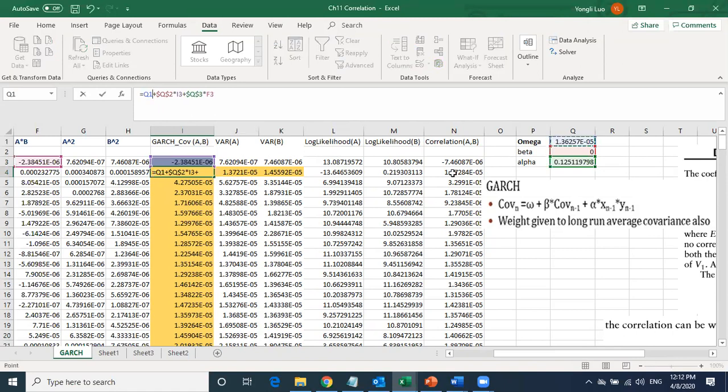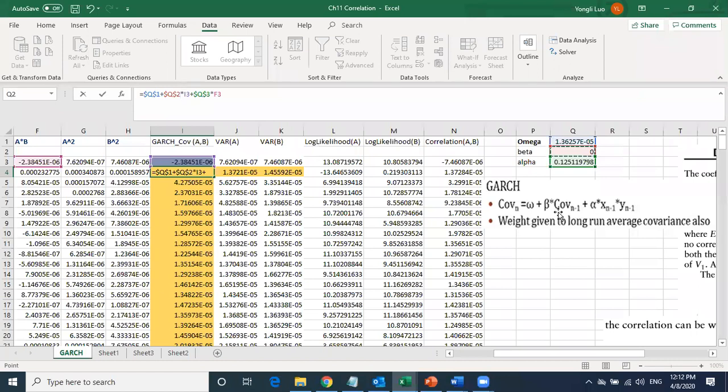You press F4 and put the $ sign. That's your omega. And then you plus the beta. You press F4 to put the $ sign on the beta.